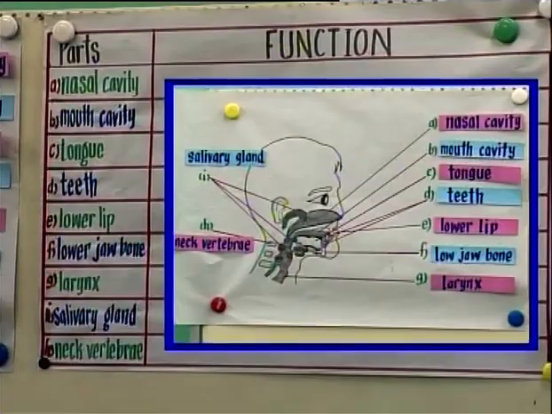So all you have to do is fill in the functions of those parts, part A all the way to part I. While the model class is doing that, receiving students, you can do the easy ones that you can find on the diagram first.